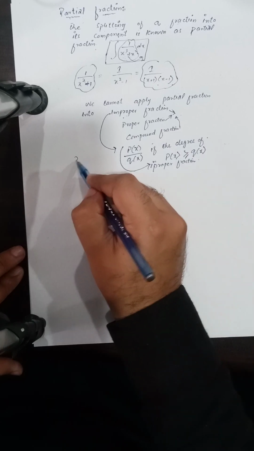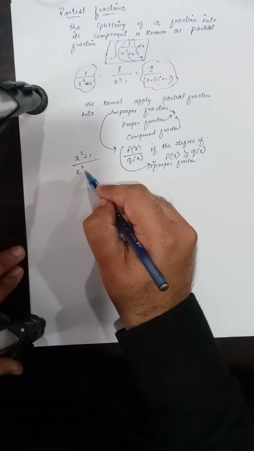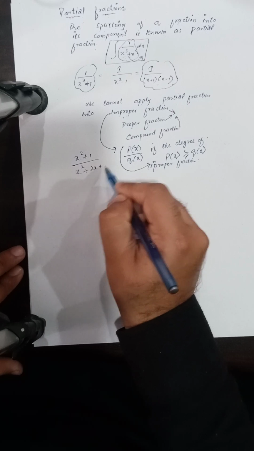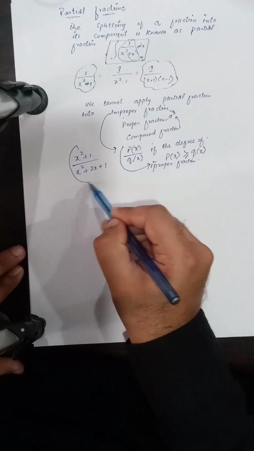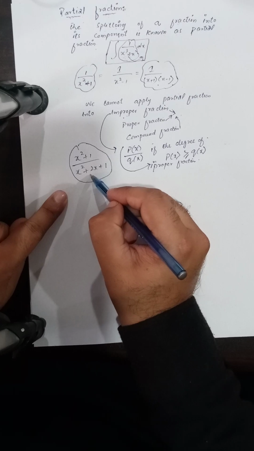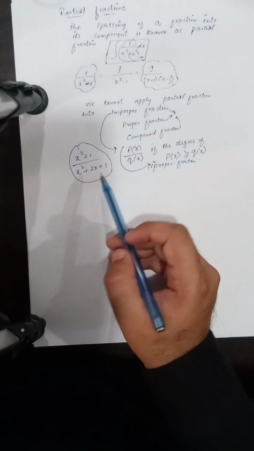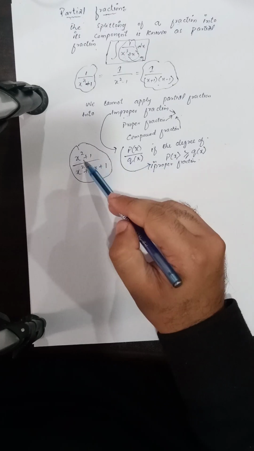For example, x square plus 1 divided by x square plus 2x plus 1. If someone asks us to find its partial fraction, we cannot directly find it, because this is an improper fraction.